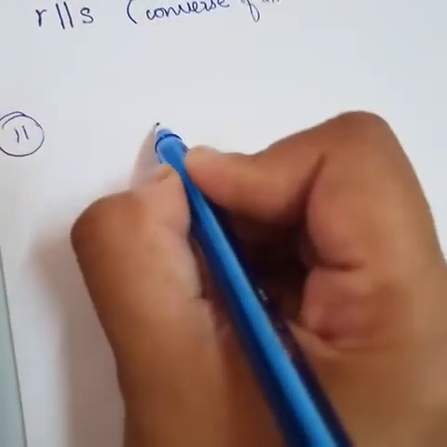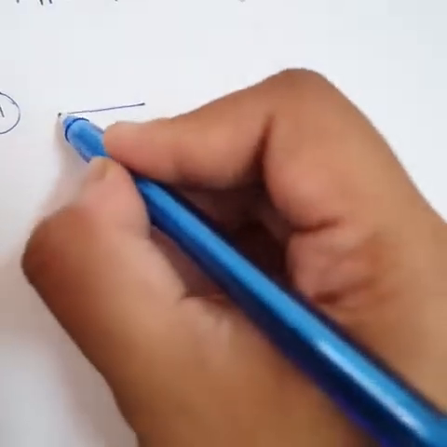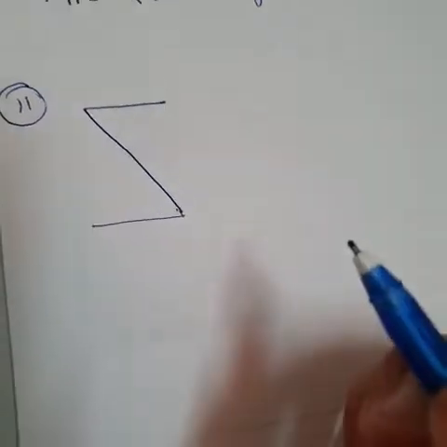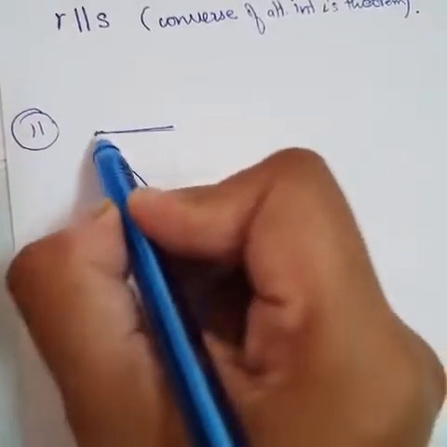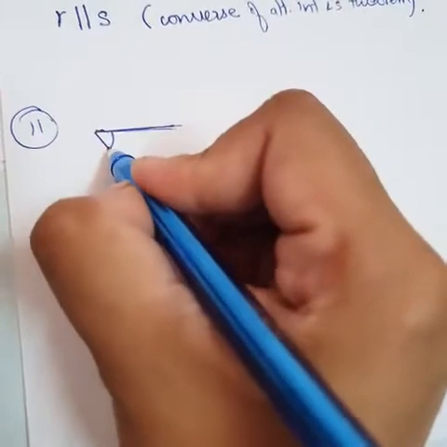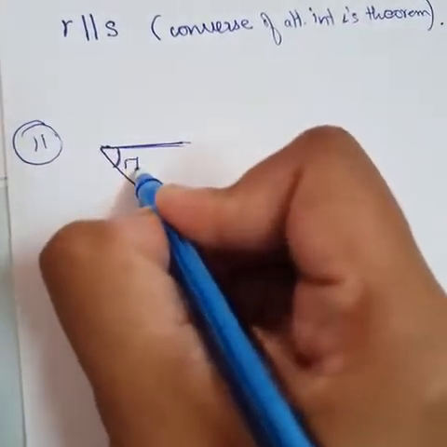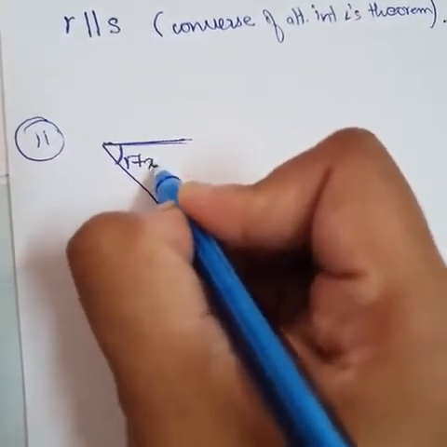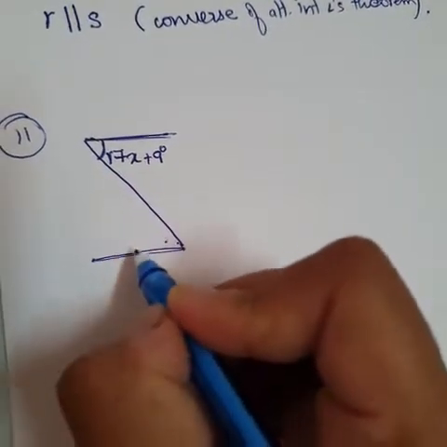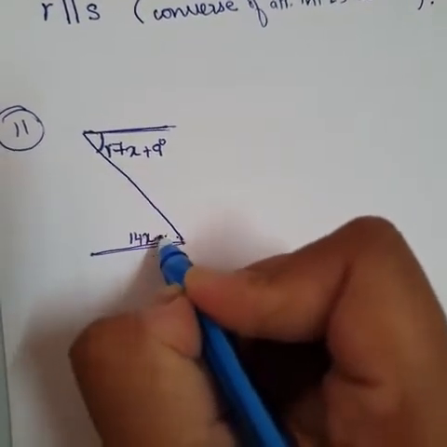Okay, so the picture is supposed to be like this. This is a landing, and this is also a landing. This is angle 1, which is given to be 17x plus 9, and this is angle 2, which is given to be 14x plus 18.